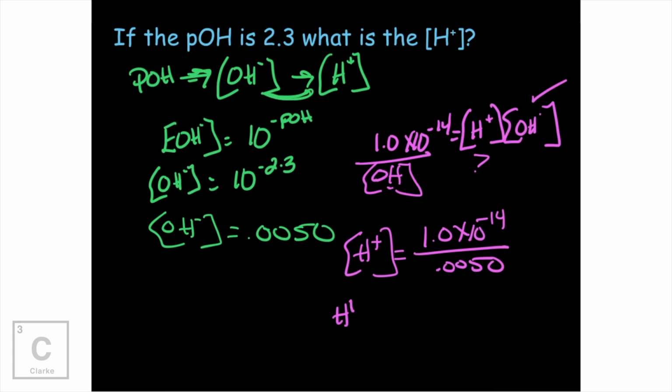Let's put that in the calculator to find the concentration of hydrogen ions. So I'm doing 1.0, second, the exponent key, the button above the 7, negative 14, divided by 0.0050. And I am getting that to be 2.0 times 10 to the negative 12.